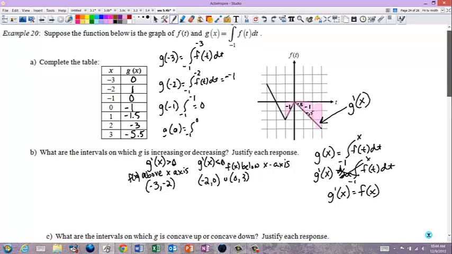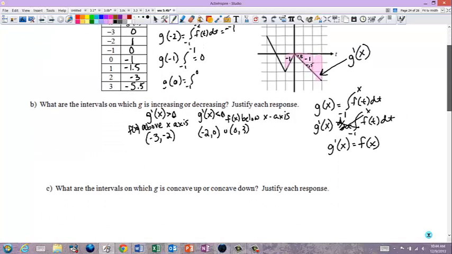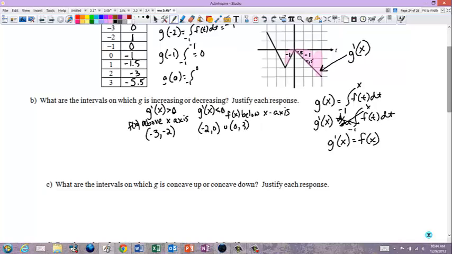Okay, it says, what are the intervals on which g is concave up or concave down? Well, remember, concave up and concave down come from the second derivative. It's where g prime of x is greater than 0 and g prime of x is less than 0.